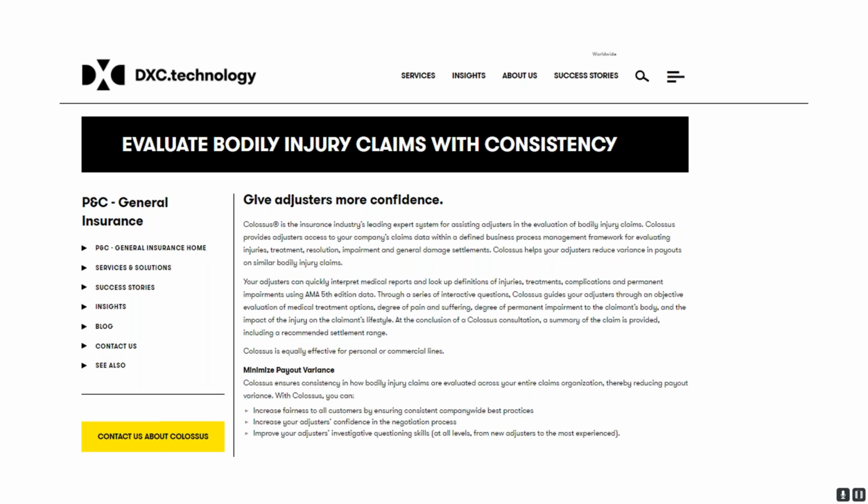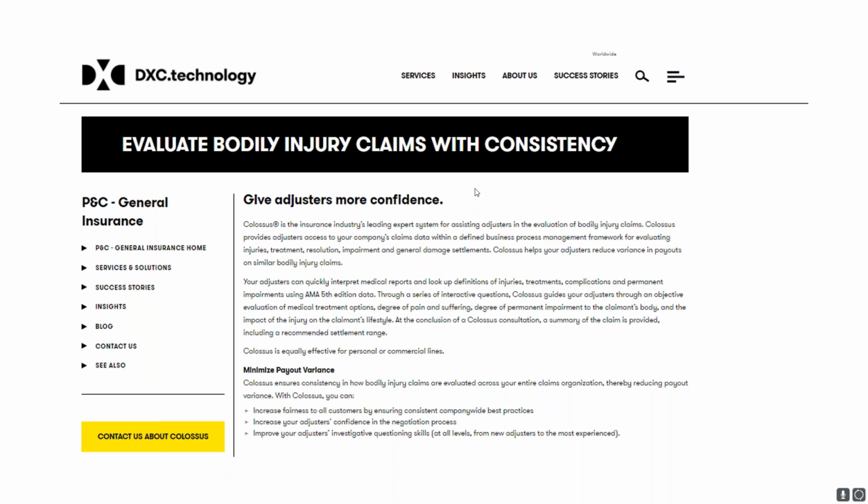Now, when we talk about the insurance industry, Colossus used to be owned by Computer Science Corporation, which just recently merged with DXC Technology. It's a major company.